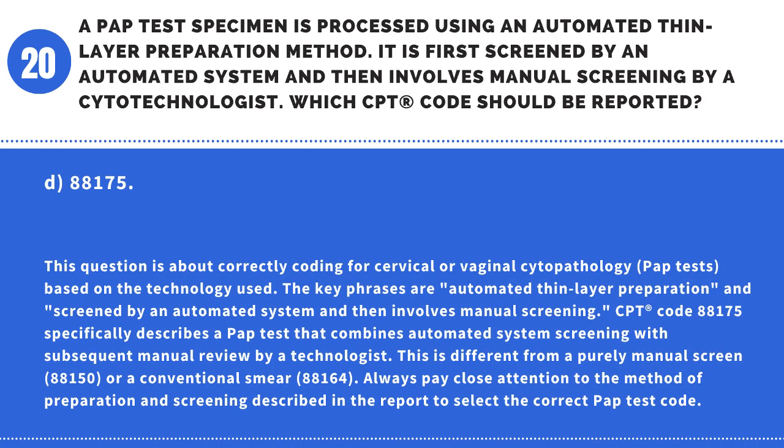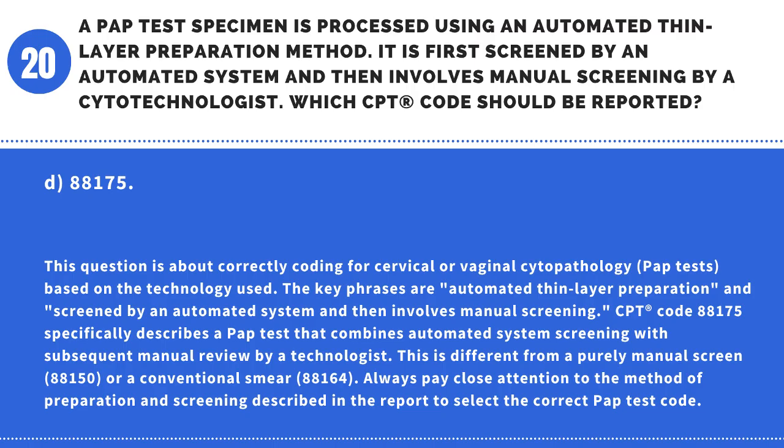Answer: D. 88175. This question is about correctly coding for cervical or vaginal cytopathology, Pap tests, based on the technology used. The key phrases are automated thin layer preparation and screened by an automated system and then involves manual screening.